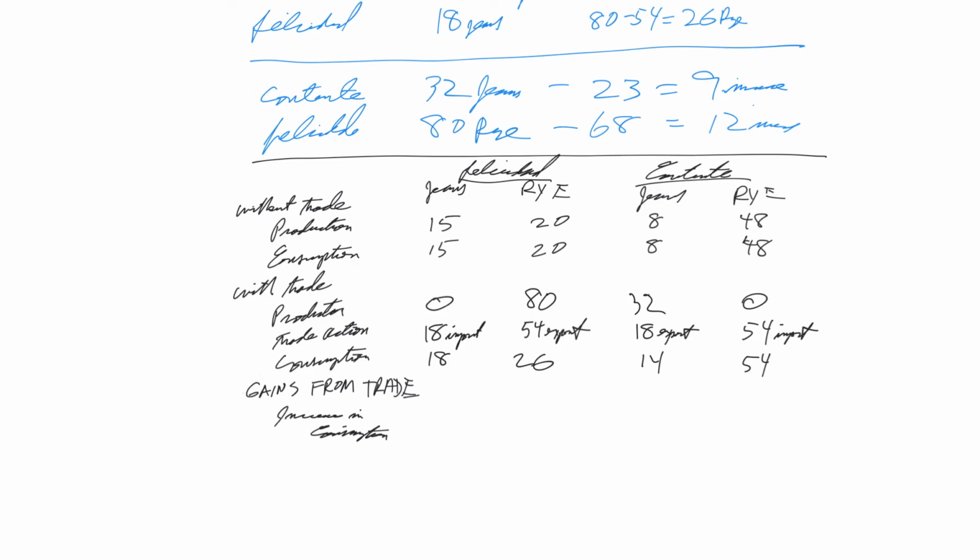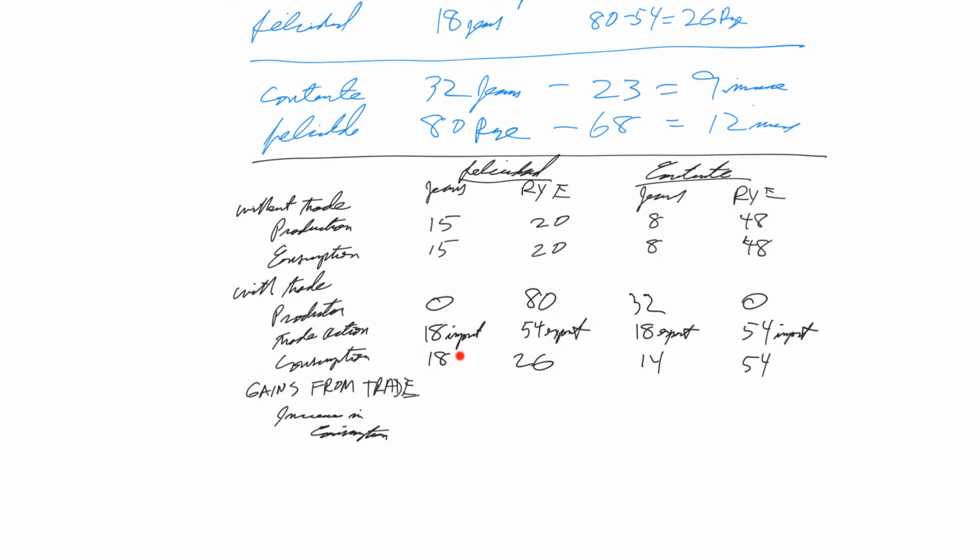All right, so what are the gains from trade? Here's the bottom line, what we care about: how much more stuff do we get to consume? Well, before trade, Felicidad was consuming 15 genes.